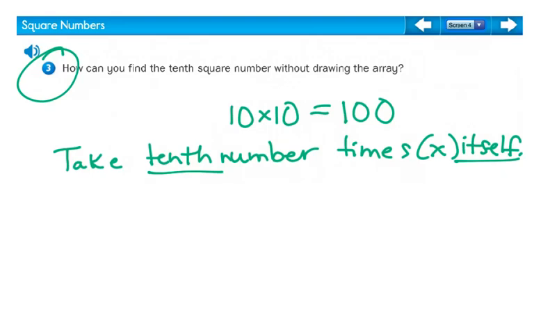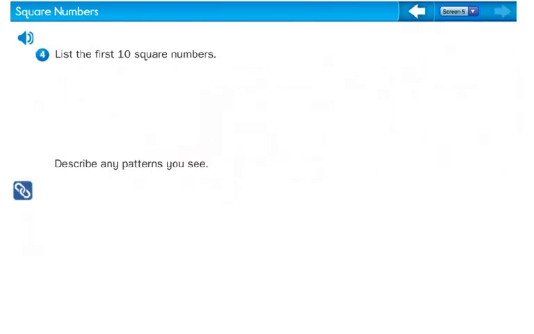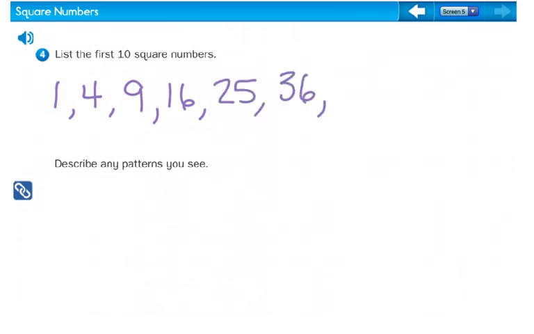Number 4, list the first 10 square numbers. Well, all I have to do is go back and look at my previous ones and add to it. So 1 times 1 is 1, 2 times 2 is 4, 3 times 3 is 9, 4 times 4 is 16, 5 times 5 is 25, 6 times 6 is 36.